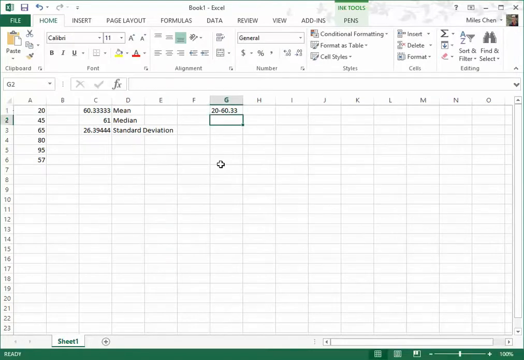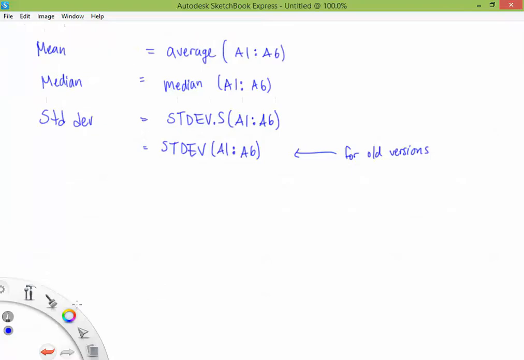I promise you, the standard deviation from Excel is correct. I want to know how to do it by hand. Okay. Standard deviation by hand is.